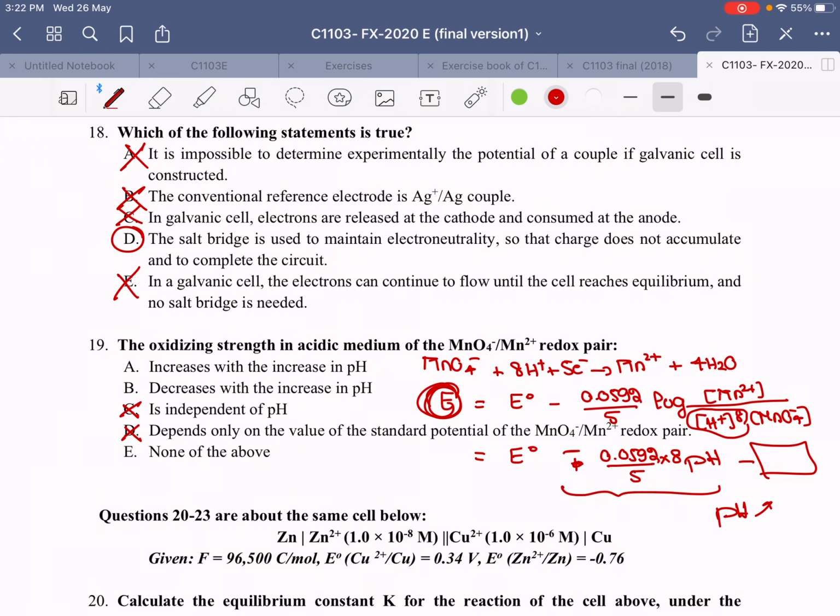So as E increases, oxidizing strength increases لأنه the strength of the oxidizing agent increases. As E decreases, the oxidizing strength decreases. Okay, so that is B. Pay attention هون بس على the word play.